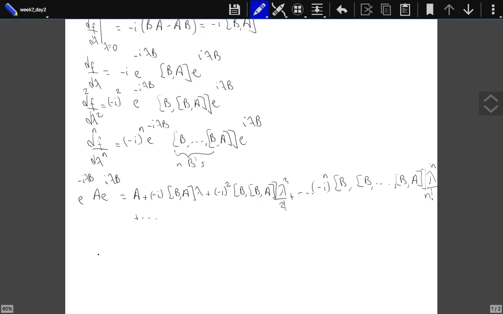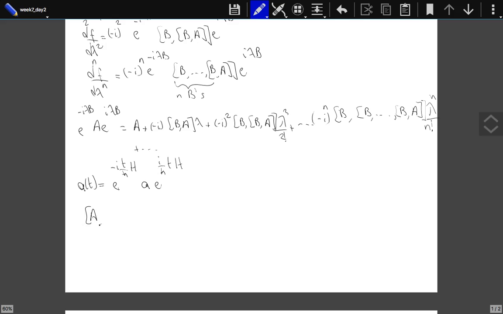A. So the time evolution will be given by A of t equal to e to the power minus i lambda H, where lambda is t over h bar, times A, e to the power i over h bar t H. Of course, we need these commutators.